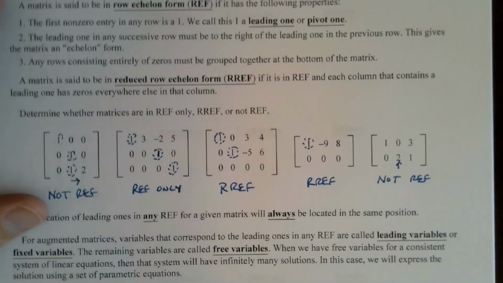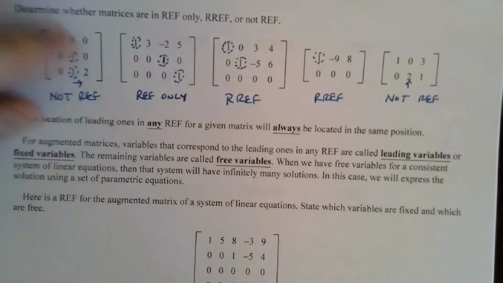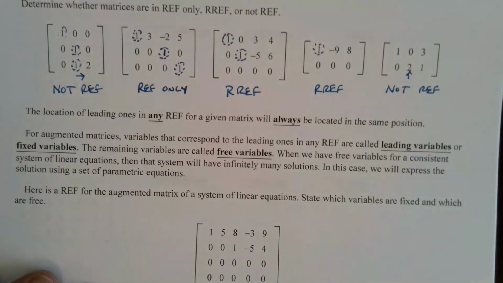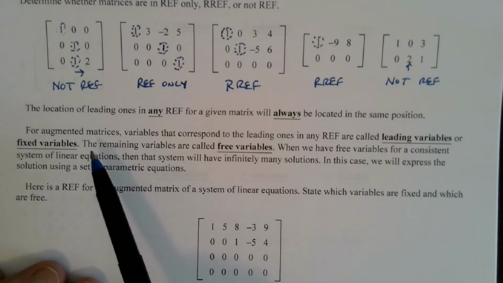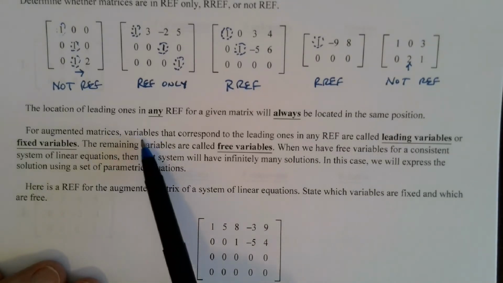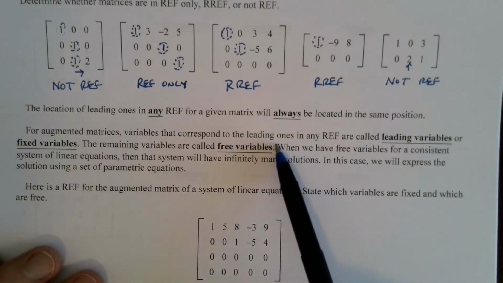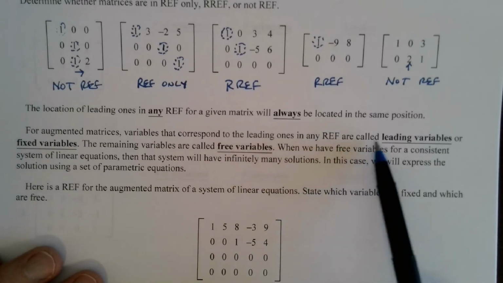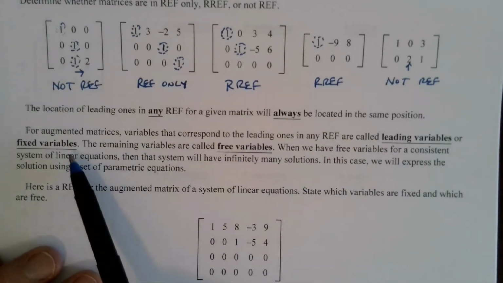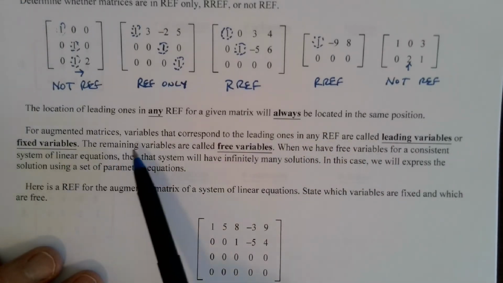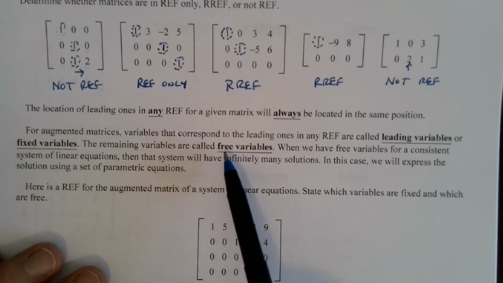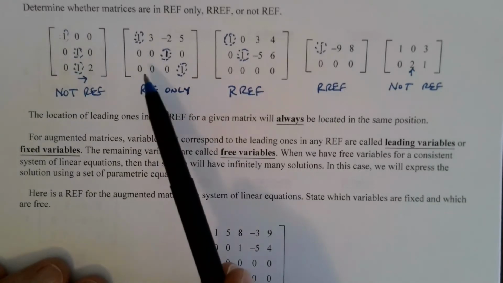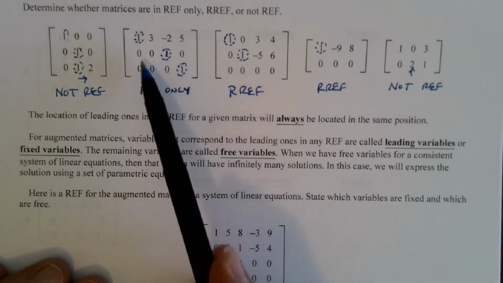Now, going back to thinking about the augmented matrix that comes from a system of linear equations. For augmented matrices, the variables that correspond to the leading ones in any row echelon form are called the leading variables or fixed variables. The remaining variables that are not fixed, therefore, are called free variables. So if I look up in here, if this was coming from a system of equations, what would we have?